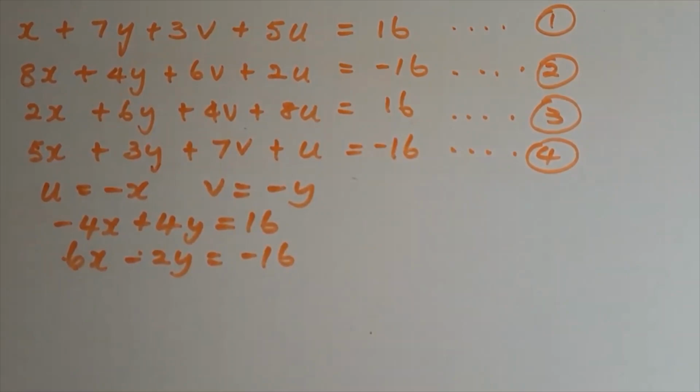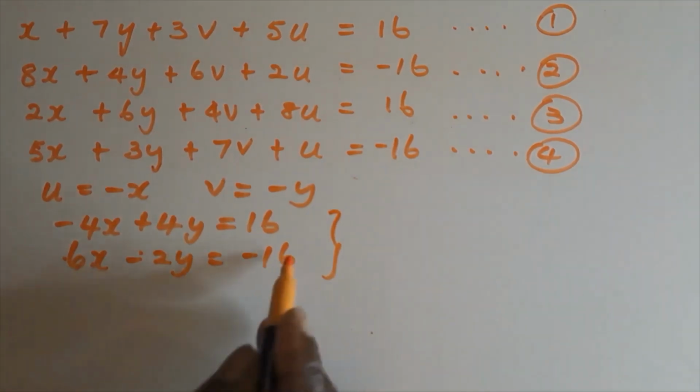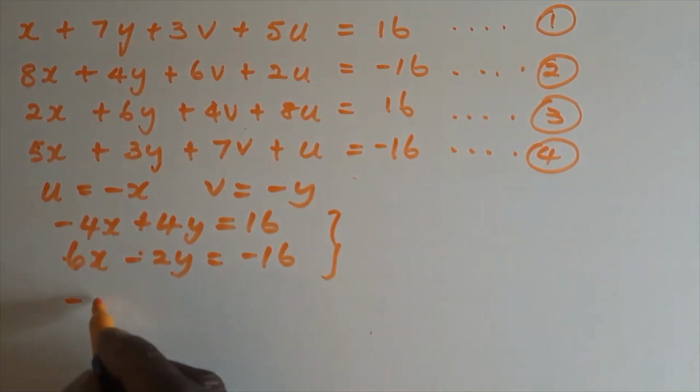So now we have our system of equations 1 to 4 reduced to just these two equations here. So we have a set of simultaneous equations which you can solve. We'll leave the first equation as it is.